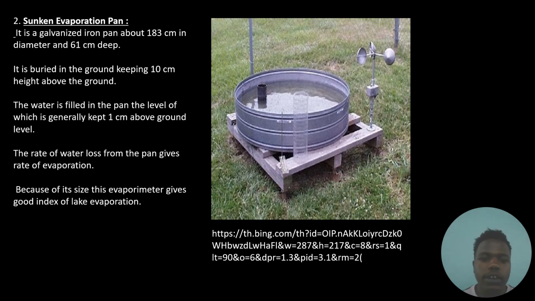The water is filled in the pan, and the level is generally kept 1 centimeter below ground level. The rate of water loss from the pan gives the rate of evaporation. Because of its size, this evaporimeter gives a good index of lake evaporation.